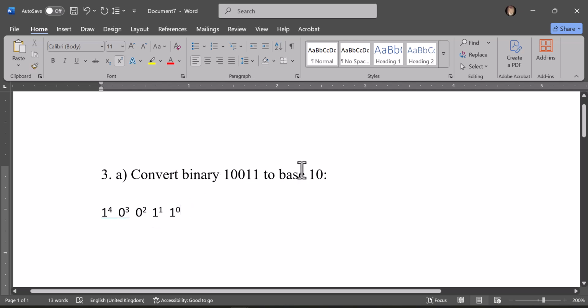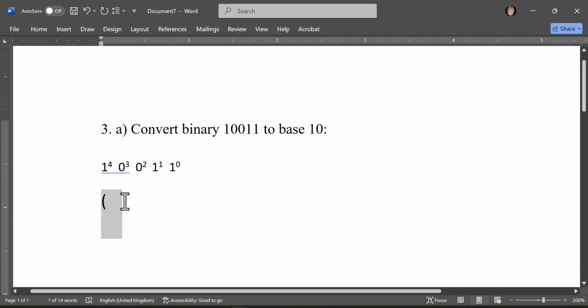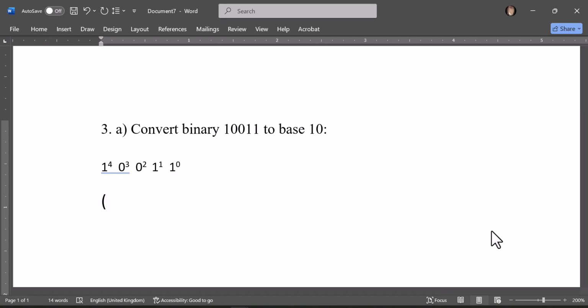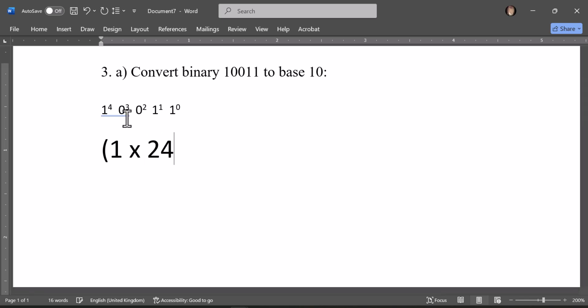Now we will use the base to solve the rest of the question. So it's going to be like this. Open a bracket. Let me increase the font size of this one. Okay. So it's going to be 1 times 2 raised to the power 4, right?